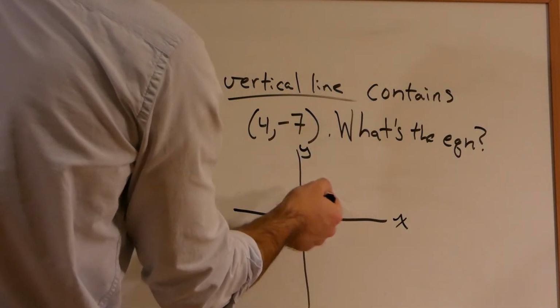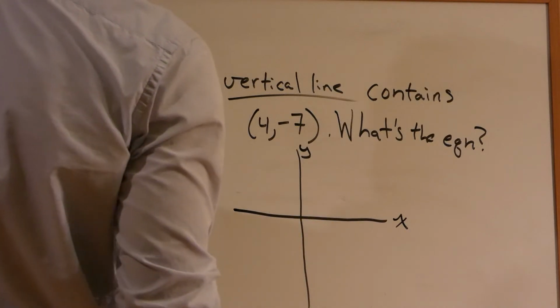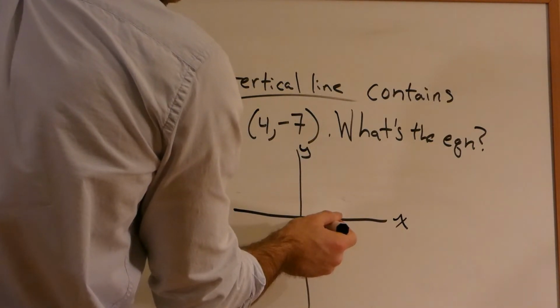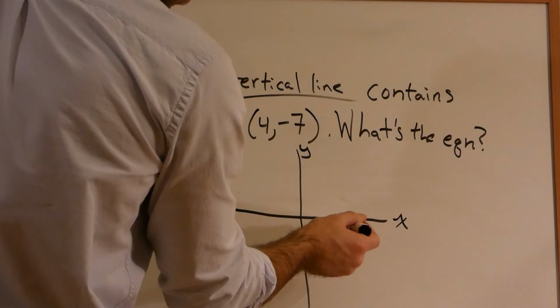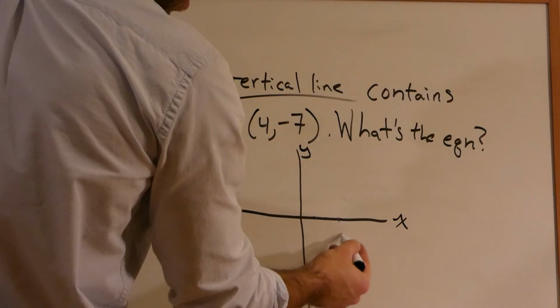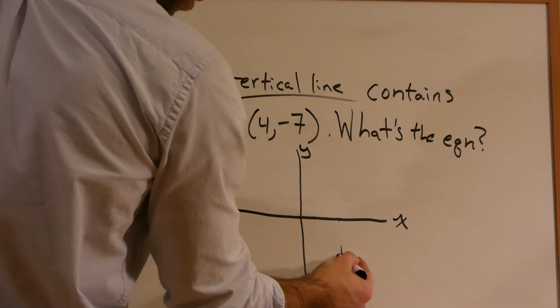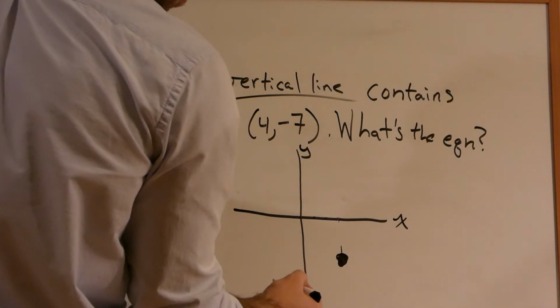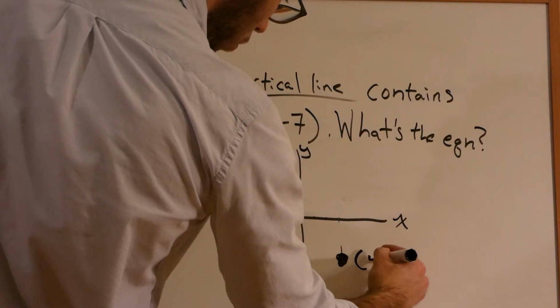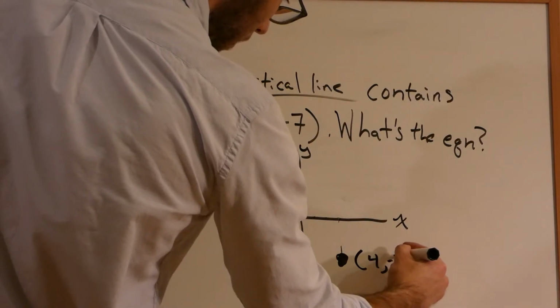We're going to eyeball about where that point is on our graph. So we see 4, -7, so we're going 1, 2, 3, 4. We count 4 units in the x direction, and then we go -7 units in the y direction. So that point would be somewhere about right down here. So we're given that point is 4, -7.